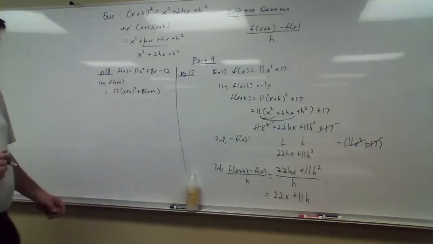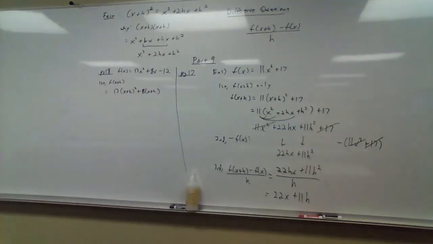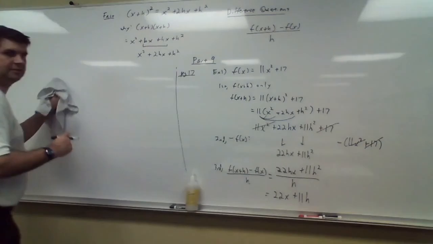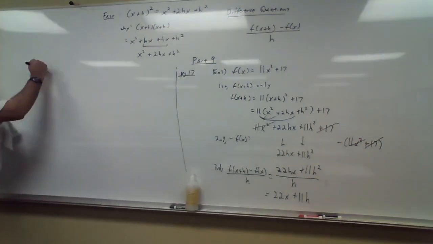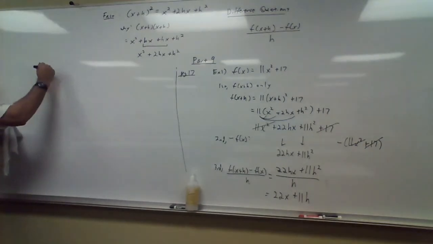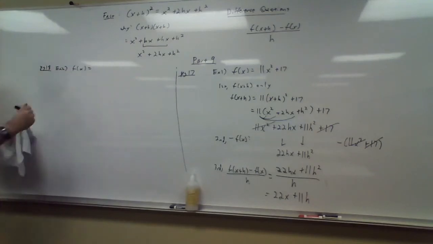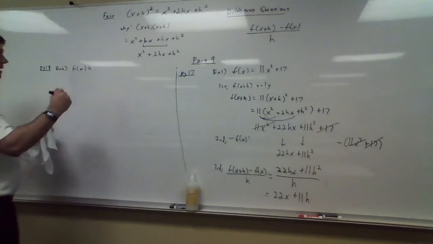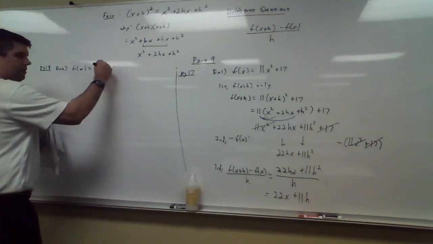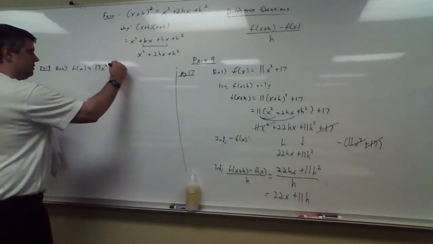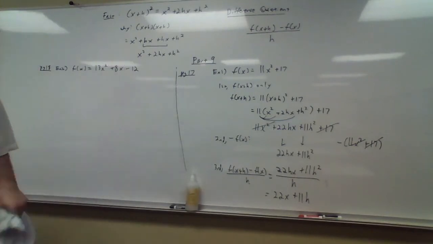I'm not making the best use of word space. I apologize. I'll set this up again. Okay, so this is going to be page 18, example 2, and we're looking for the difference quotient of f of x equals 13x squared plus 8x minus 12. All right, so here goes.